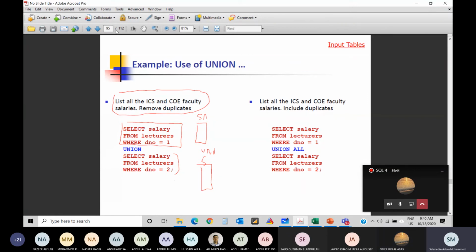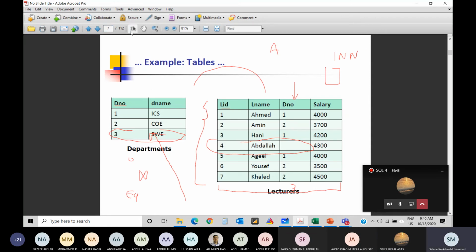Suppose let's go back to this table here, table 7. What are the salaries of this ICS? 4000, isn't it? Yes. And what else? 4200, and another 4000.